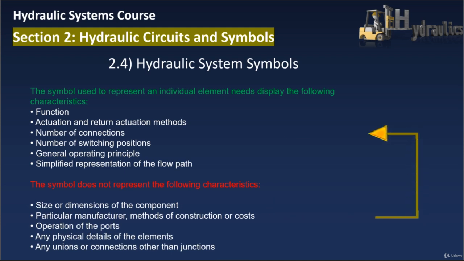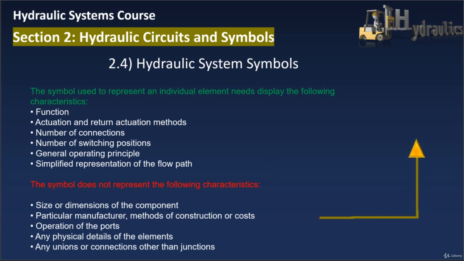The symbols don't represent the following. They don't represent any size or dimension of the components. I cannot find, for example, what the pump size or inlet size is. Particular manufacturer, methods of construction, or cost cannot be shown in a hydraulic symbol.